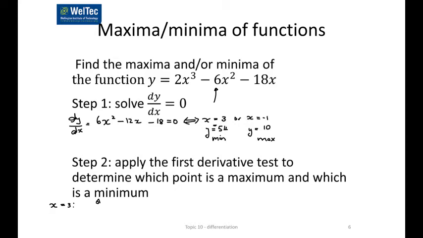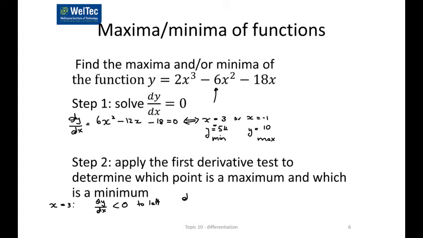Okay, what we're going to do is take x equals 3 to start off with, and we're going to look at the derivative to the left of 3. So we're going to choose, say, 2.9. We're going to put 2.9 into the derivative, and we will find that we've got a negative number if we're to the left.